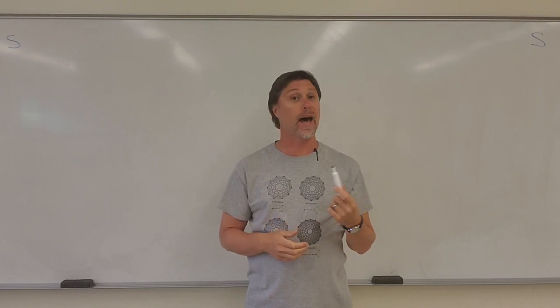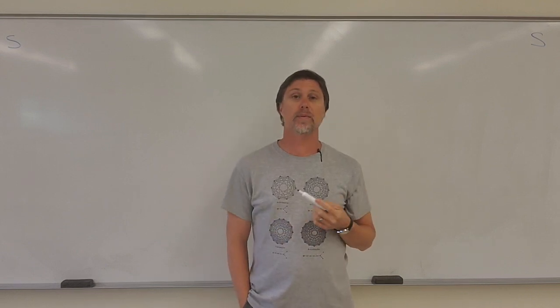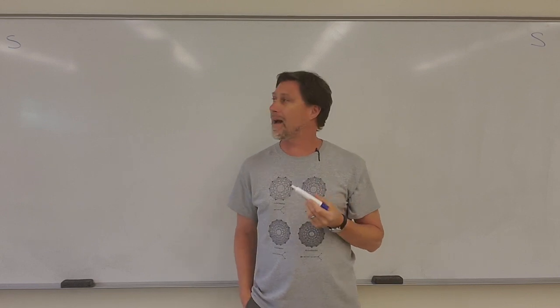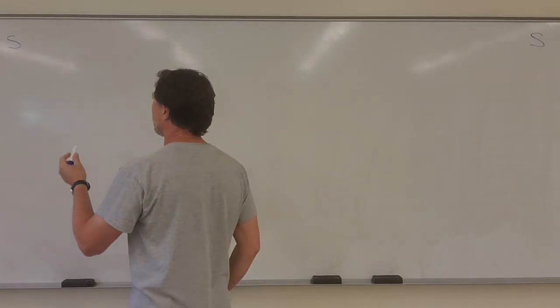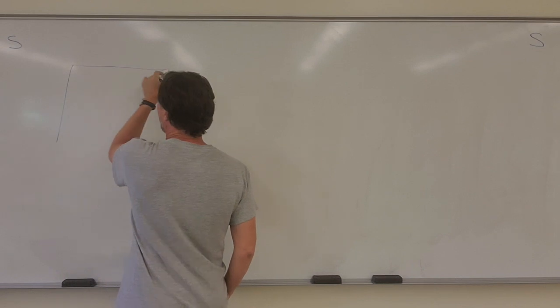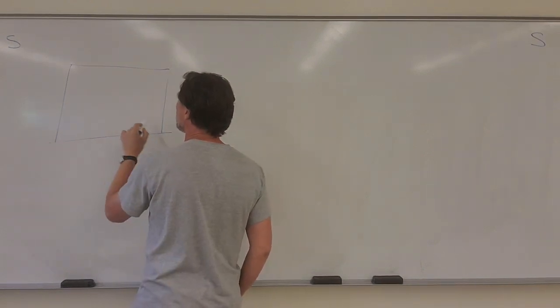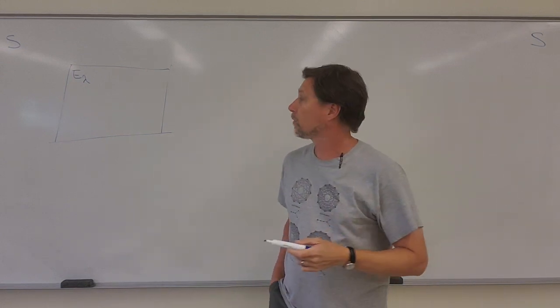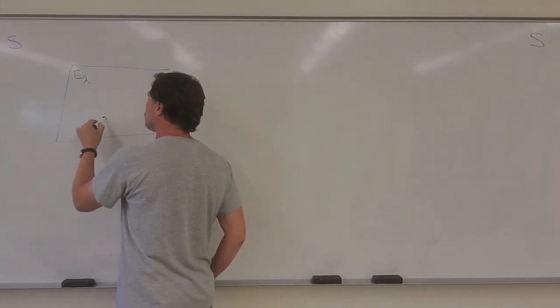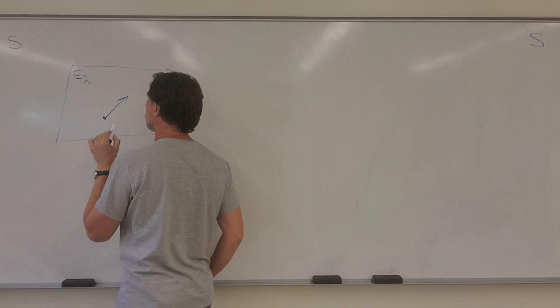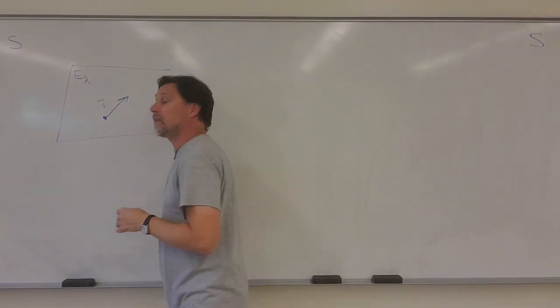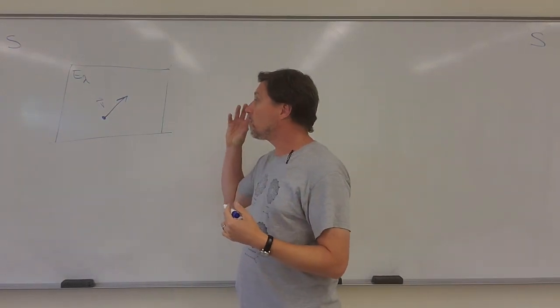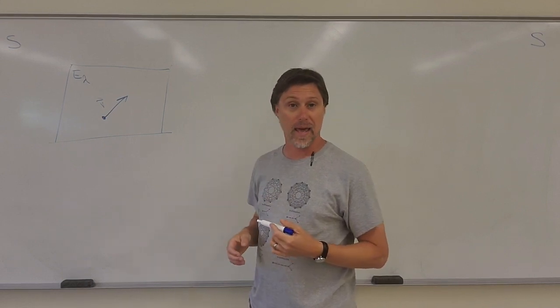eigenvalues, eigenvectors, eigenspaces, and there's a reason for us to be interested in those. Here's the eigenspace corresponding to some eigenvalue lambda. If you are a vector V and you live in the eigenspace, then what happens when you multiply by some matrix A?